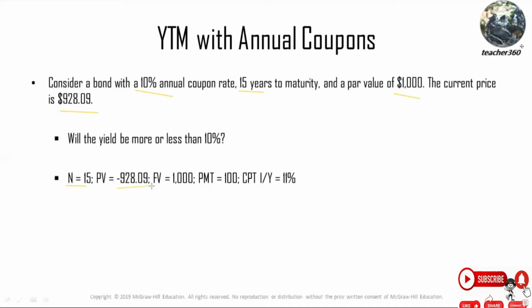Since it is an investment, it is a cash outflow, so it should be negative. Press 1000 for future value or face value. Press 100 for PMT, the coupon payment. Your coupon rate is 10%, and 10% on 1000 is 100. So your PMT, or periodic coupon payment, is 100.